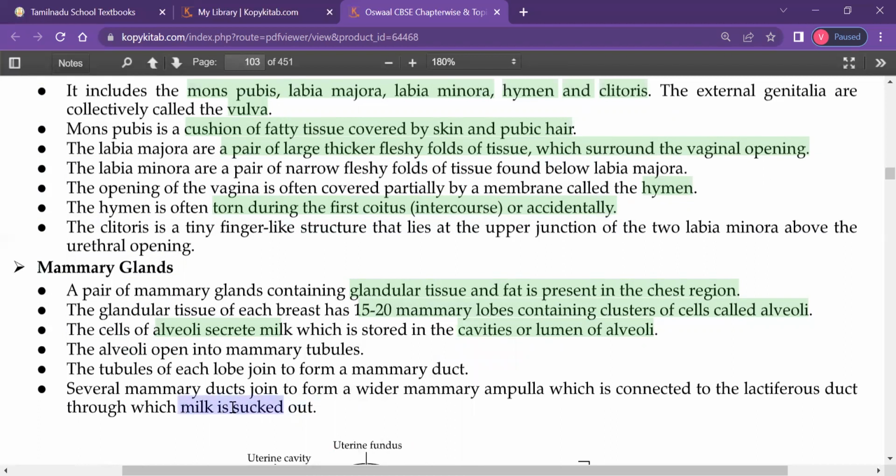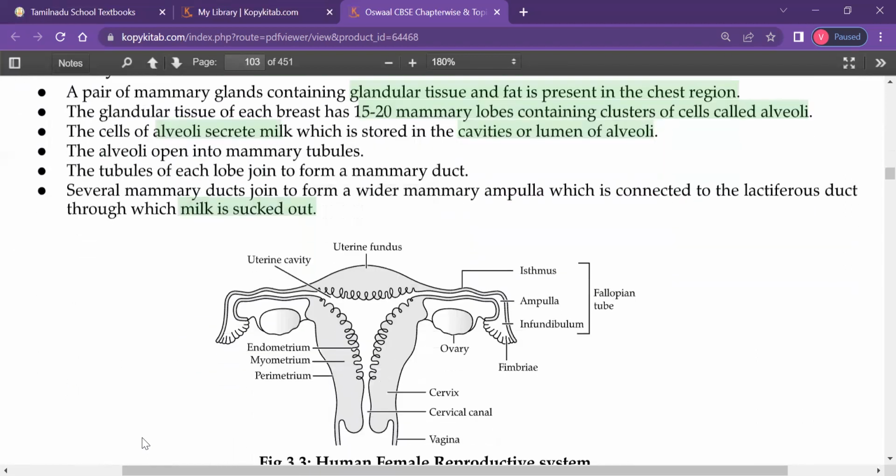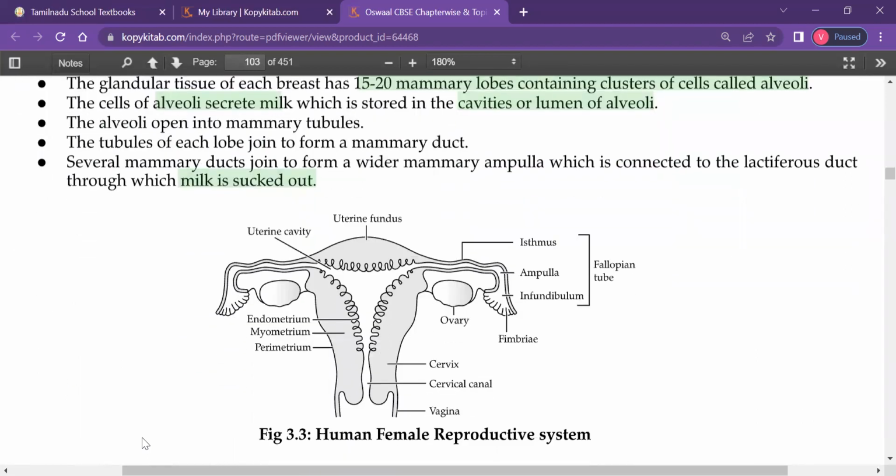So these are the most important requirements of the female reproductive system. Just try to imagine each and every part: why it's happening, how it's happening, and what the result is.